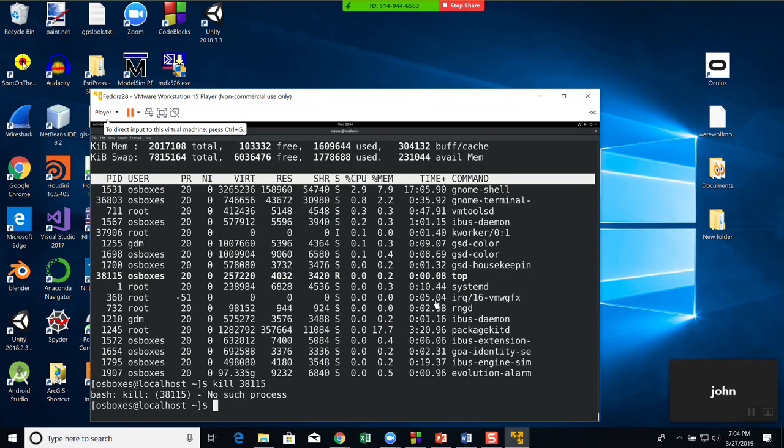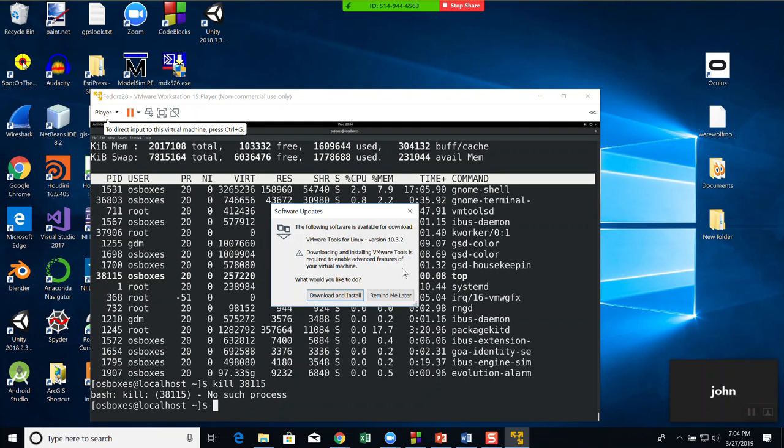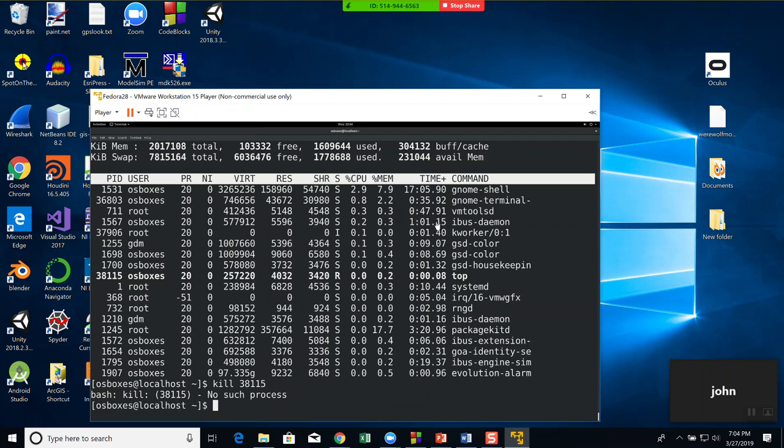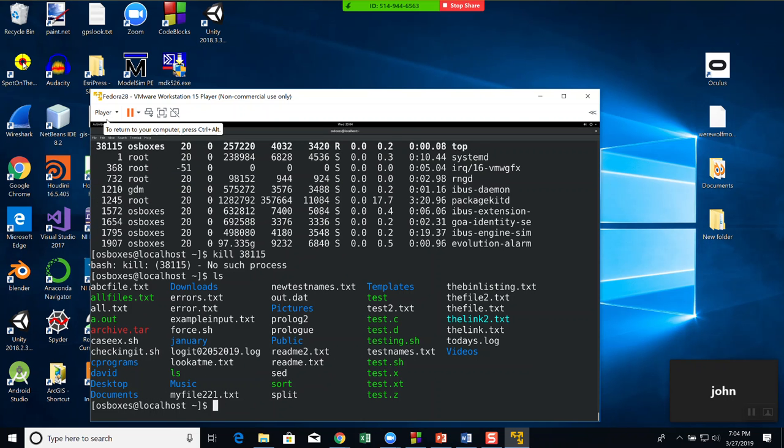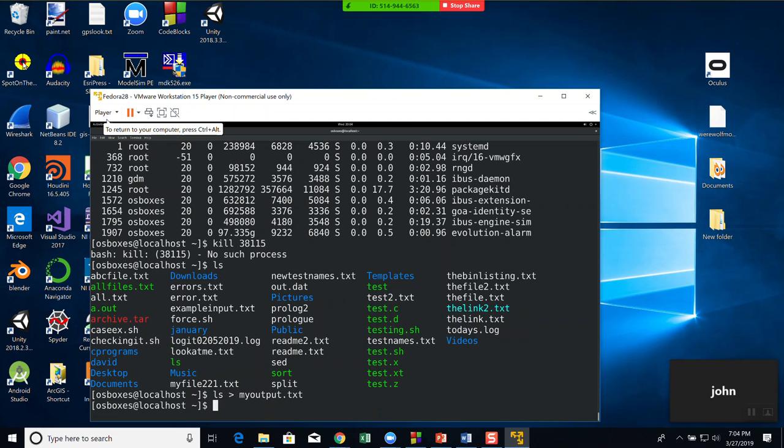The same principle kind of applies when we're talking about Windows to a certain extent also, but it's just not as powerful as Linux. For example, if we do an ls, that prints our files. If I do an ls greater than myoutput.txt, we don't see anything because it took all the stuff that would have gone to the screen and wrote it to the file.